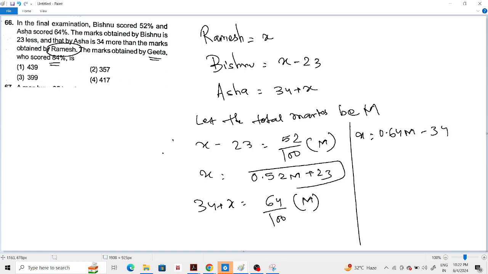In both the cases it is x, so I can just equate both of them.